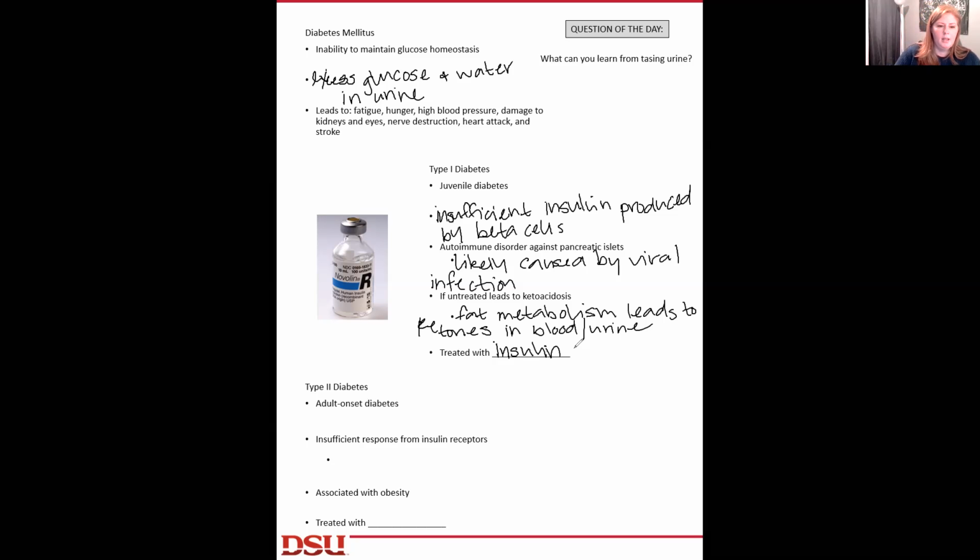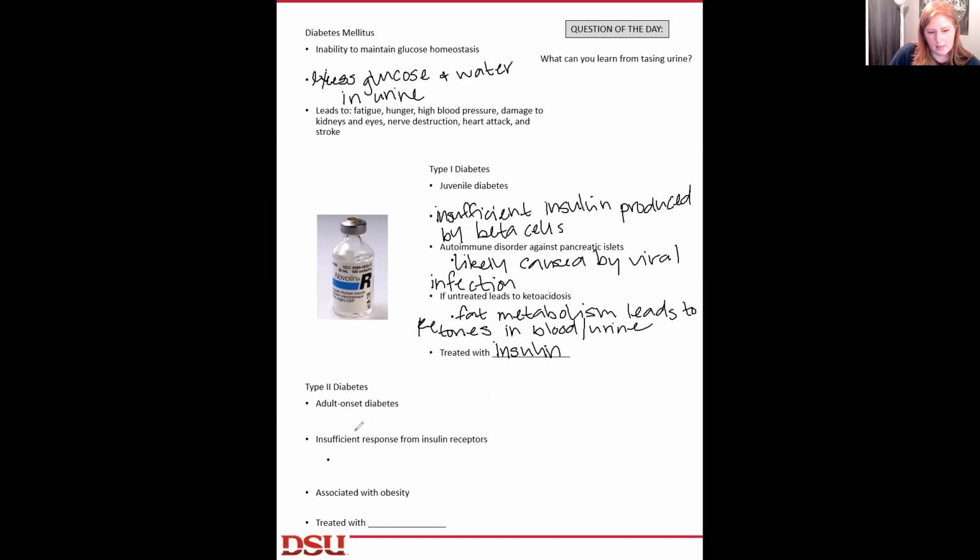Okay. Type 2 diabetes. This is adult onset. Type 2 diabetes is insufficient response from the insulin receptors, okay? So the insulin can be produced, but the receptors aren't acting very strongly to pick that glucose up anyway.